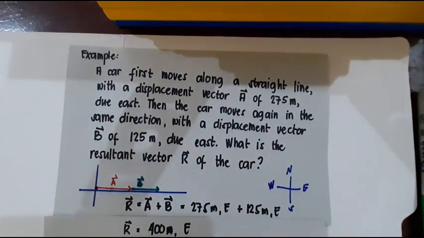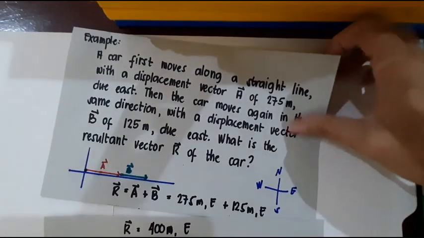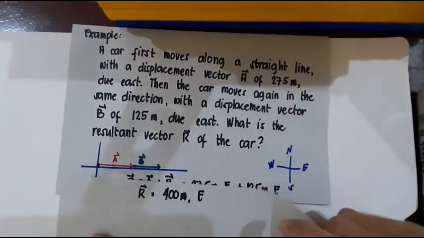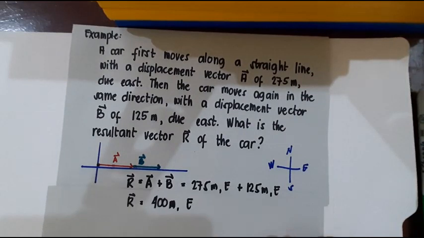That's how you look for the resultant vector when the vectors are going in the same direction.